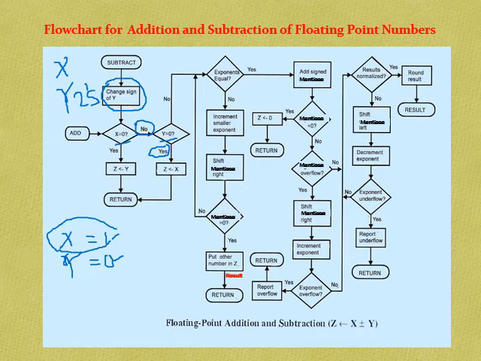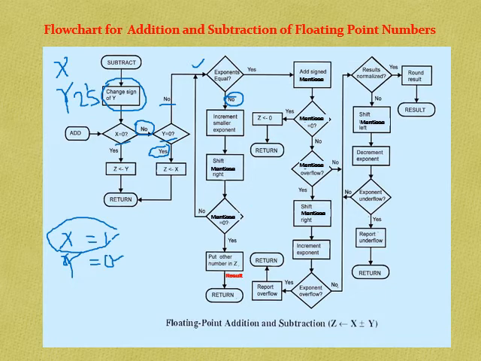If both x and y are not 0, that is no for x and no for y, we go to this particular location and first check the equality of the exponents. As mentioned earlier, first we have to see whether the exponents are equal or not. If the exponents are not equal, we now have to make them equal.